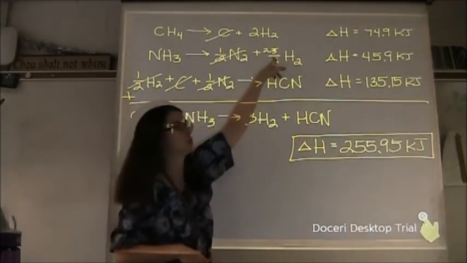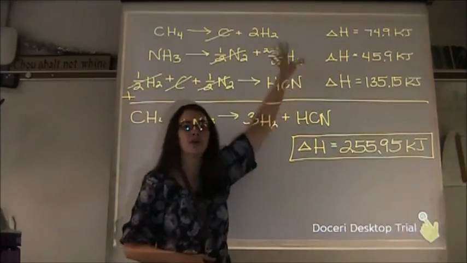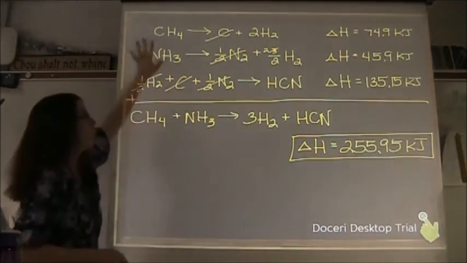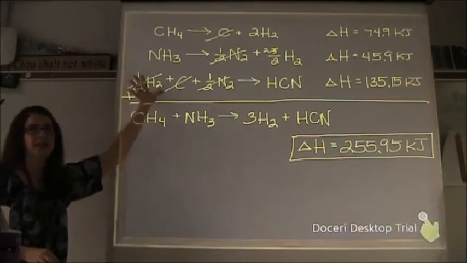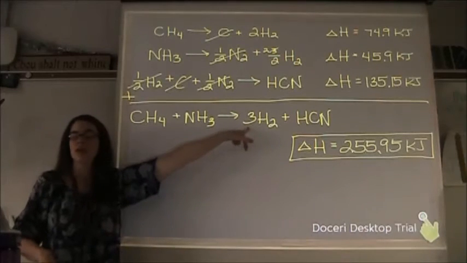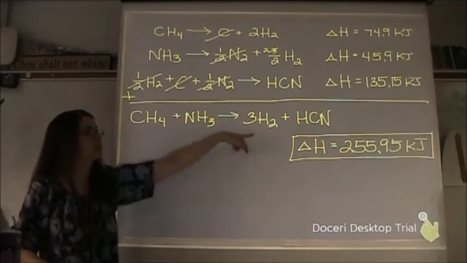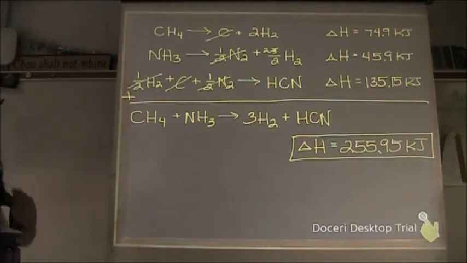So 2 plus 1.5, that's 3.5. 3.5 on the right-hand side, 1/2 on the left-hand side. You can get rid of that 1/2, which leaves you with just 3. Okay. So that was a little bit of a tricky situation.